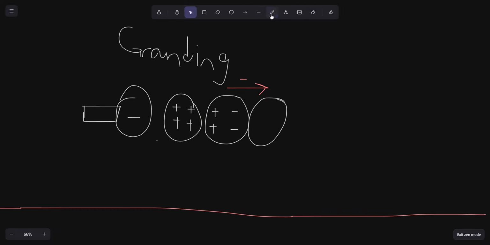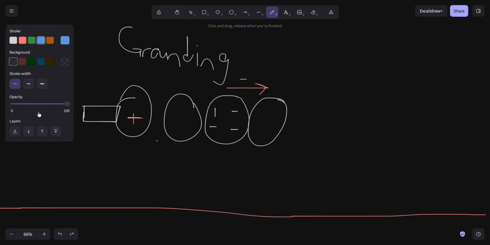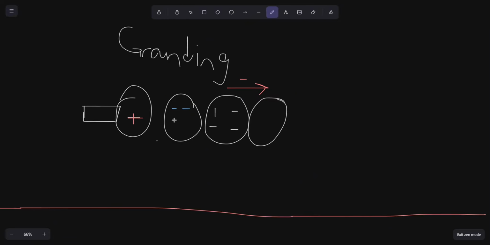And likewise, if this was positively charged, think about what would happen here. Negative charges would be in the front because opposites attract. So negative charges here, and then the positive charges would be in the back. And I ground this to the earth, or to the ground.